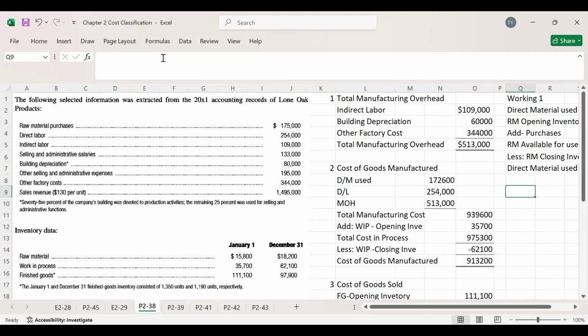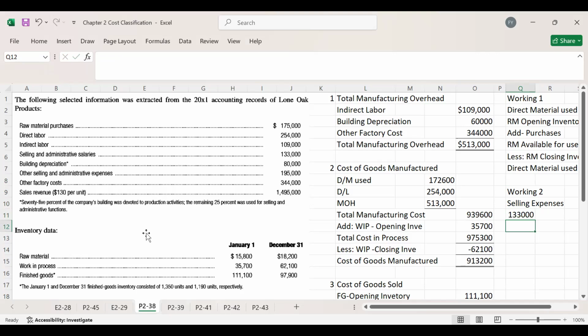Now, working two, calculation of selling and admin expenses. You can see that selling and administrative salaries are 133,000. Then we add building depreciation.